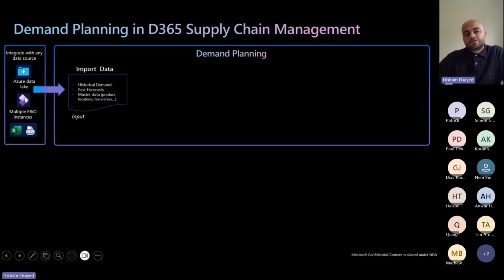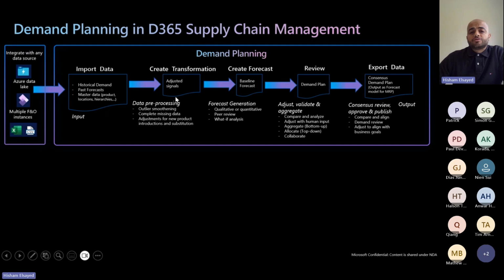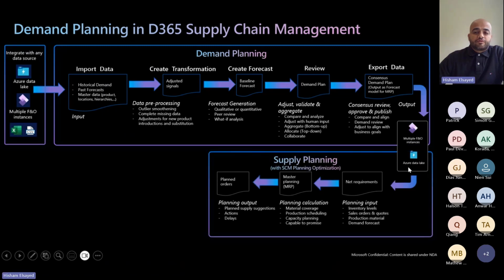For demand planning, we start by integrating with a data source, and here we can find different data sources, from Azure Data Lake or a Dynamics 365 Finance and Operations instance, to Excel or CSV files for importing the data. Then we can transform this data or create forecasts and review it, while I can make aggregations and even update the data before I export it again to D365 or any other data lake, for example.